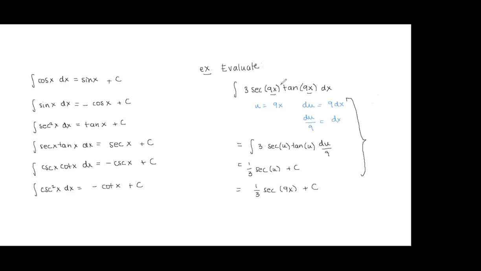But I could have also realized that this is just a linear function, which means that I just had to find the antiderivative of secant times tangent, which is secant of 9x, and then divide everything by 9. So that means if I had done it the fast way, this would have been 3 times, and then I know that the antiderivative of secant times tangent is going to be secant of 9x.